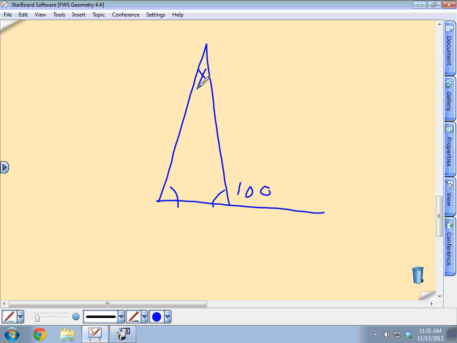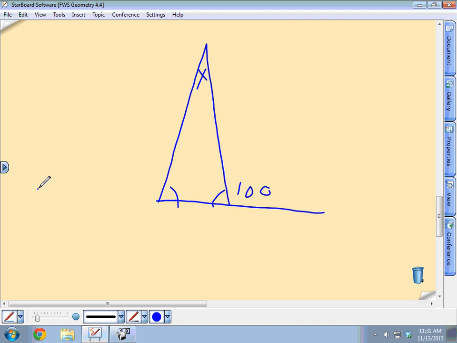Okay. Where do I start? Well, the two angles on the side, the sum of those two angles has to equal 100, right? Exterior angle. No, but make it as simple as this.